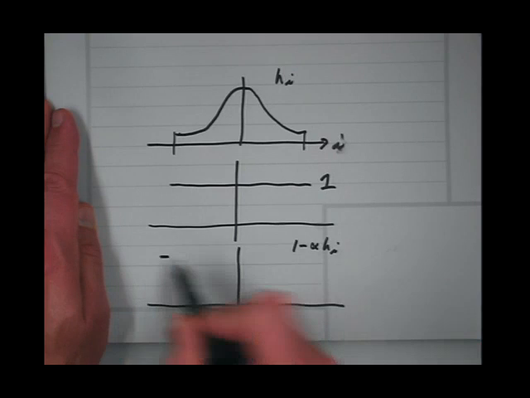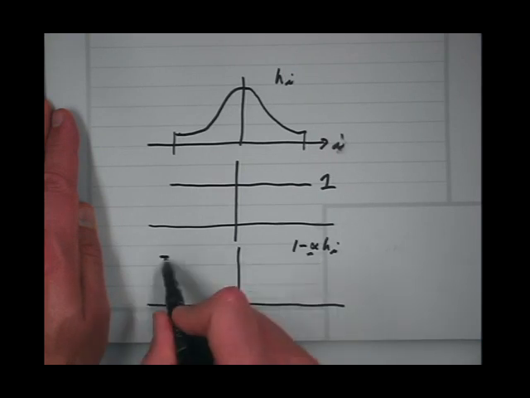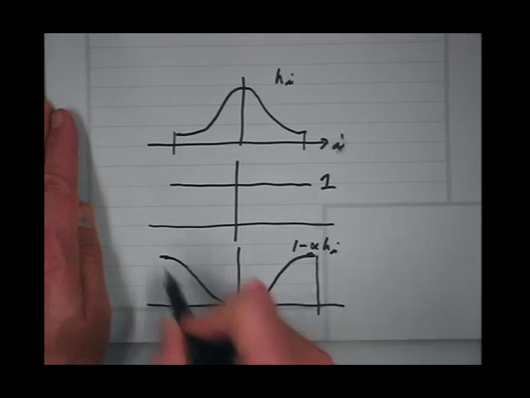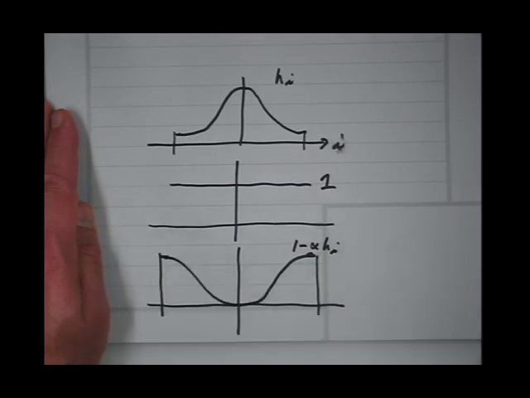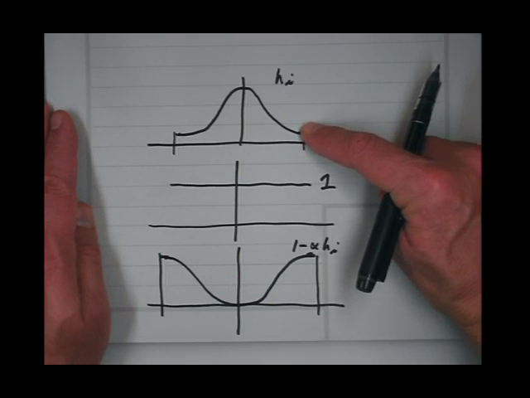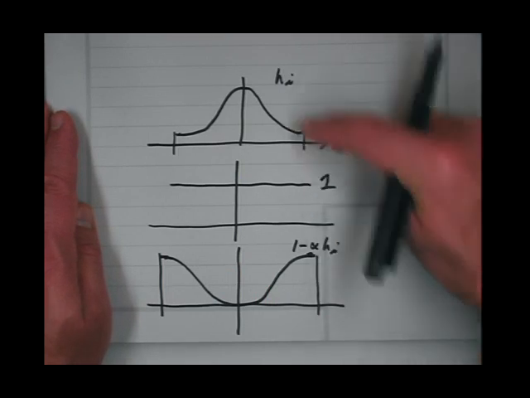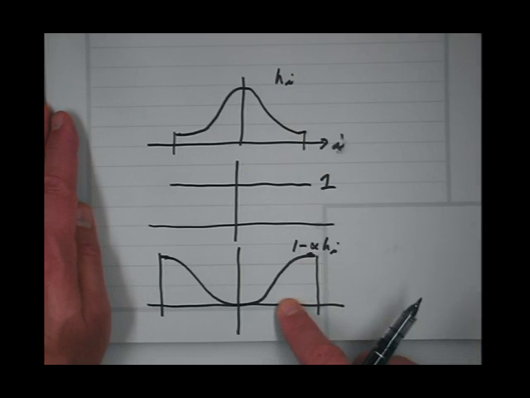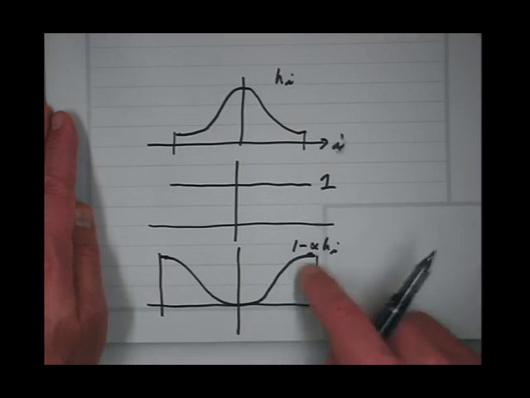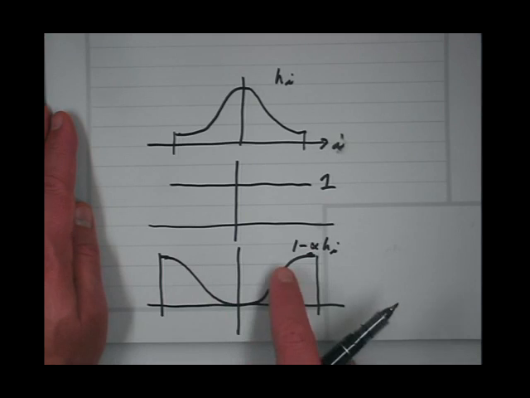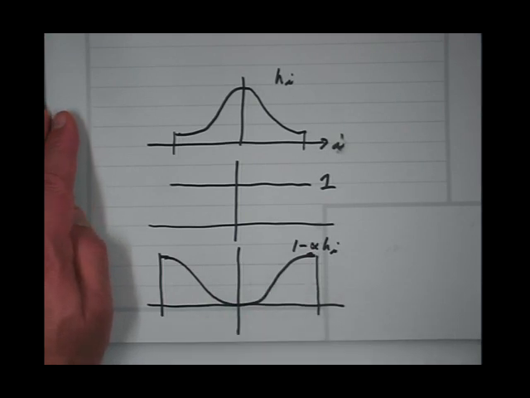It starts off at 1 here, or close to it, and it's going to go like this. You see? Because I take this function, that's the first function, and this is 1, and I subtract this from 1, I'm going to get something that looks like this. Now, if I make alpha really big, what will happen is that this dip will go down, eventually it'll go down negative. If it goes down below minus 1, what's going to happen?